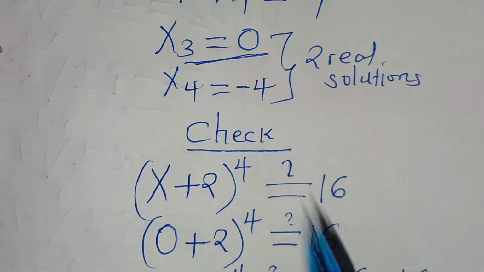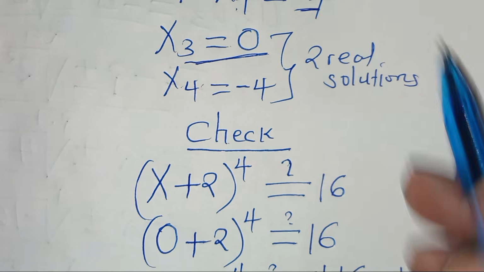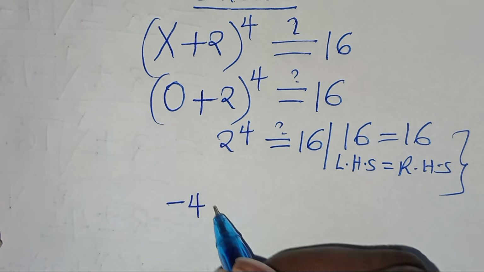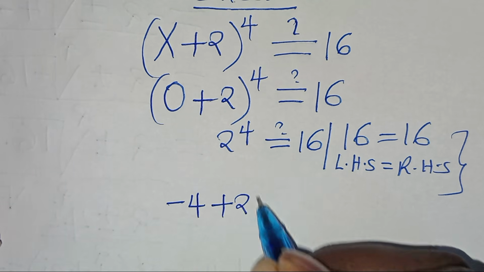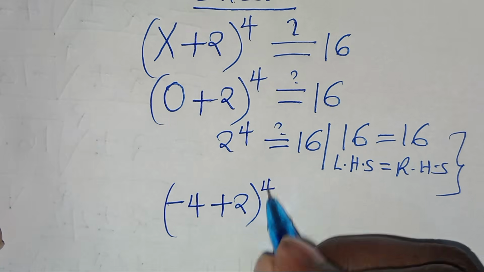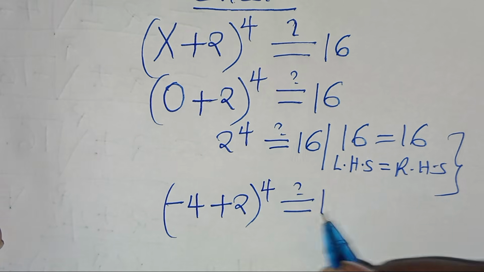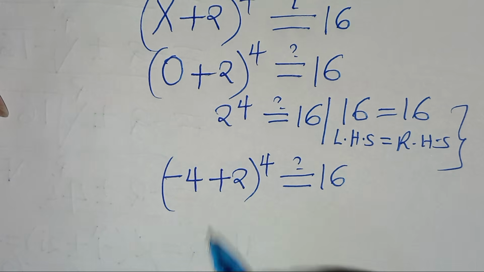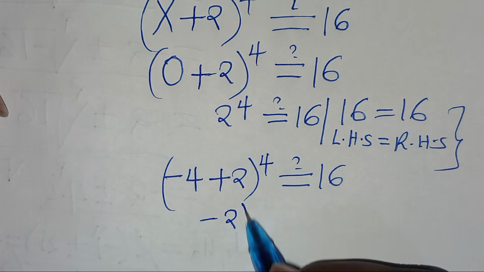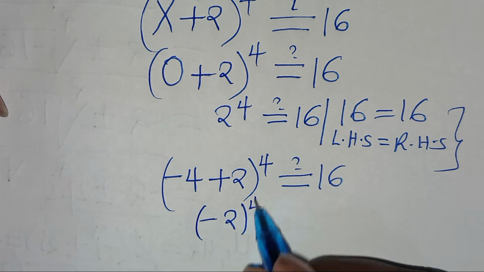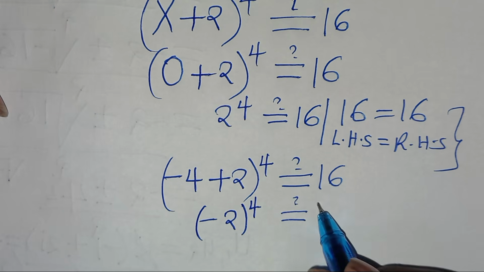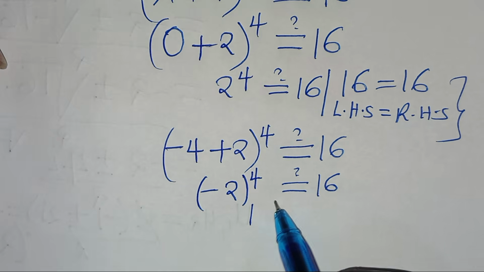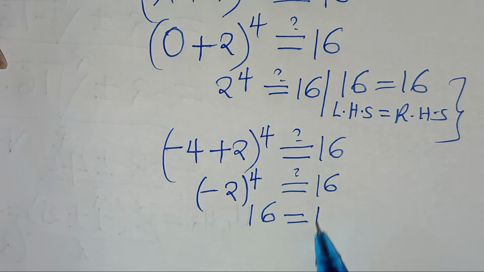So let's check x4, which is -4. Here we have (-4 + 2)^4, which should give us a value of 16. Now, -4 + 2 is -2, raised to the power of 4, which is equal to 16.